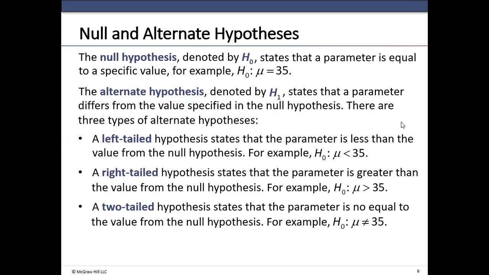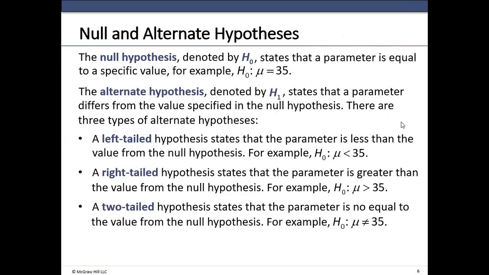This is a left-tailed test. How do I know it is left-tailed? The symbol indicating less than consists of two slanted lines meeting at an edge pointing to the left. Hence, this is a left-tailed test when it is less than. A right-tailed hypothesis states that the parameter is greater than the value from the null hypothesis.